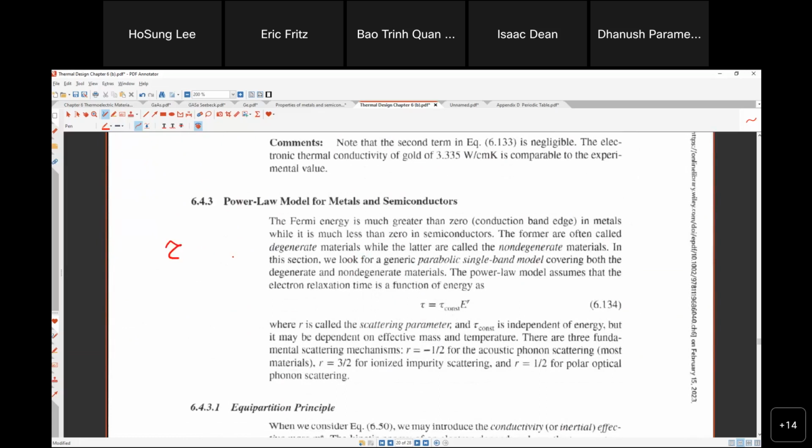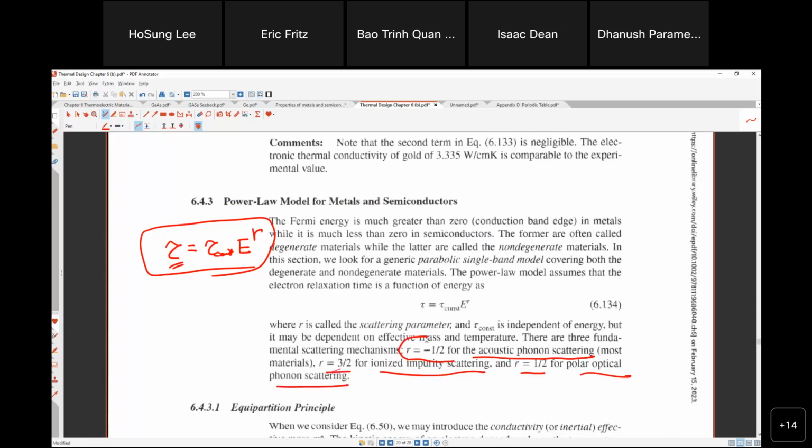The relaxation time tau turns out to be a time constant related to energy. That's what we figured out. The relaxation time is related to energy, and there are three types of scattering: acoustic phonon scattering, ionized impurity scattering, and polar optical scattering. The exponents are different, mostly minus, and minus one half is acoustic phonon scattering.